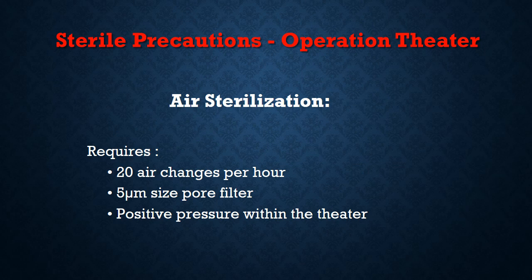So the speed of airflow needs to be monitored, and in advanced operation theaters, a minimum of 20 air changes per hour are maintained, and the intake filter of this air circulating system is maximum 5 micrometer size, so that it filters 95% plus of viruses and bacteria.